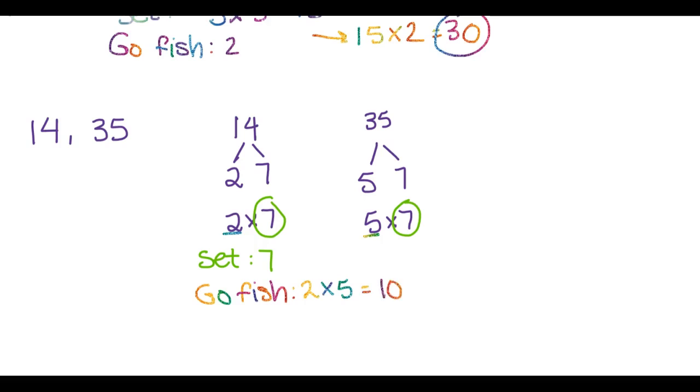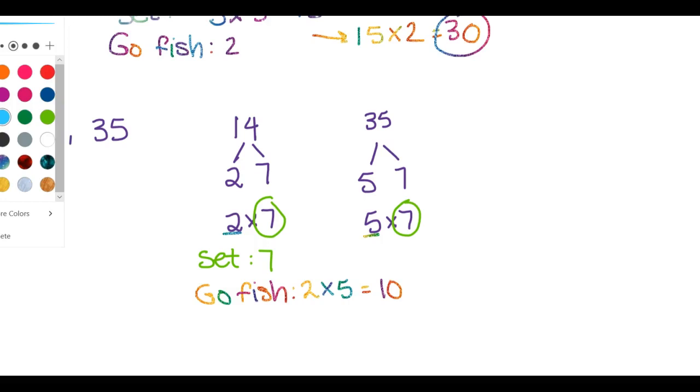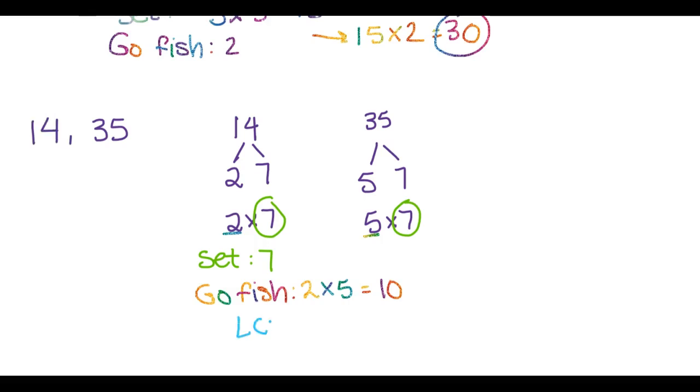And in order to get to my LCM, remember we need to take our set number and multiply it by our go fish number, and we get 70.